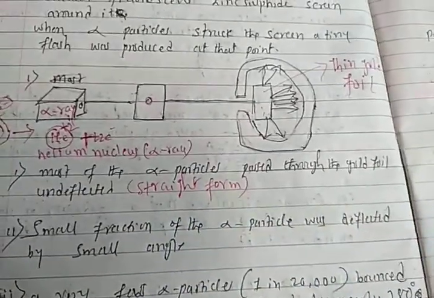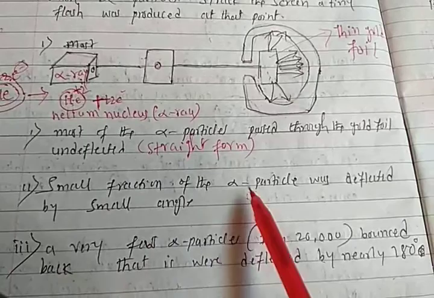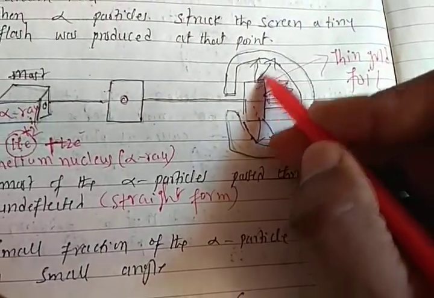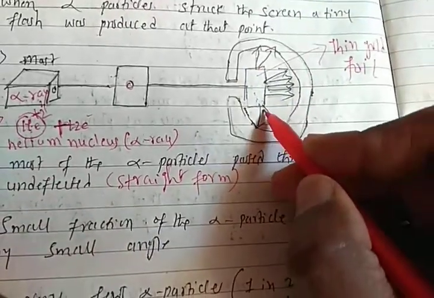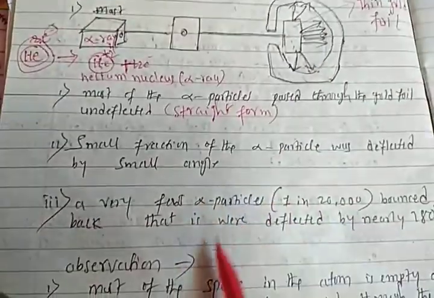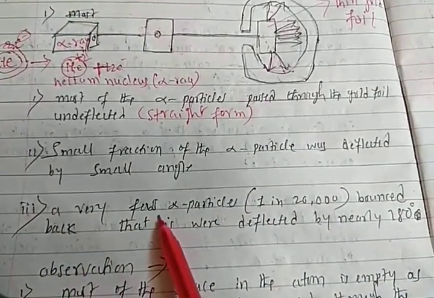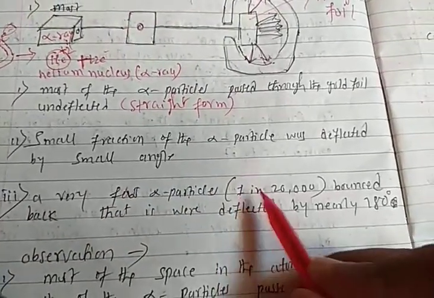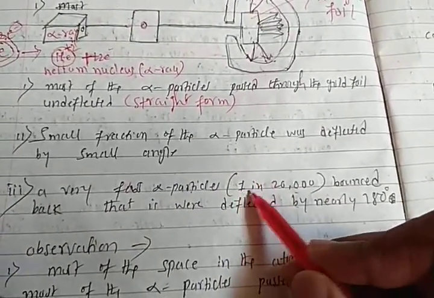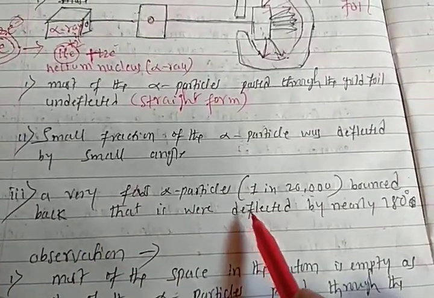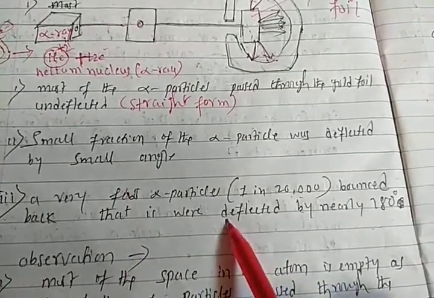And second, a small fraction of the alpha rays was deflected by a small angle. These particles are deflected like this. And very few alpha particles, 1 out of 20,000, are bounced back, deflected by 180 degrees.